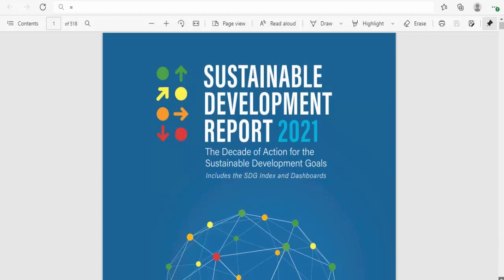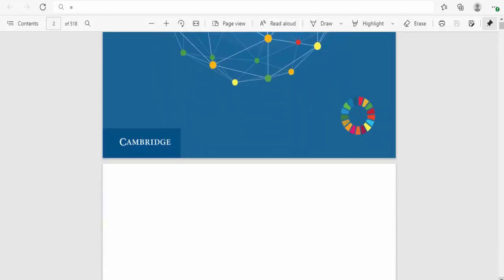Okay, so to start with, this is actually a report by Cambridge. Cambridge is a university in the UK. I'm pretty sure you know Cambridge. If you don't know Cambridge, it's a university in the UK, and it's one of the biggest universities around the world. So when they do some research, they mean business.